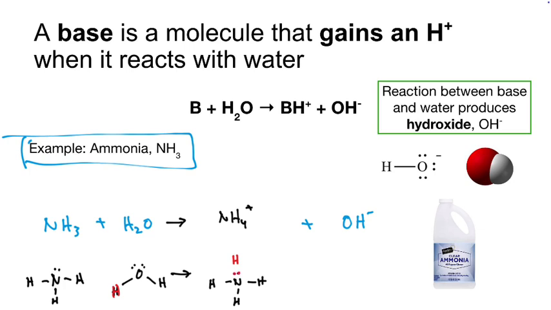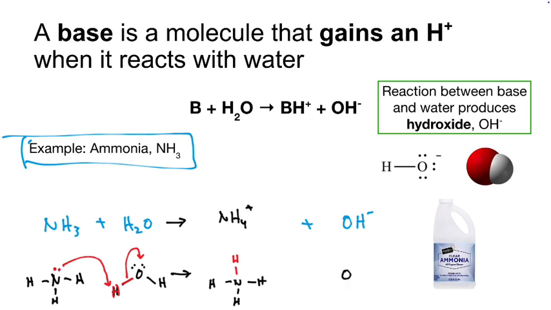How did it make that bond? There's a pair of electrons there. That pair of electrons shares with the hydrogen. The bond goes to the oxygen. The net result is that we see a bond between our nitrogen and our hydrogen.